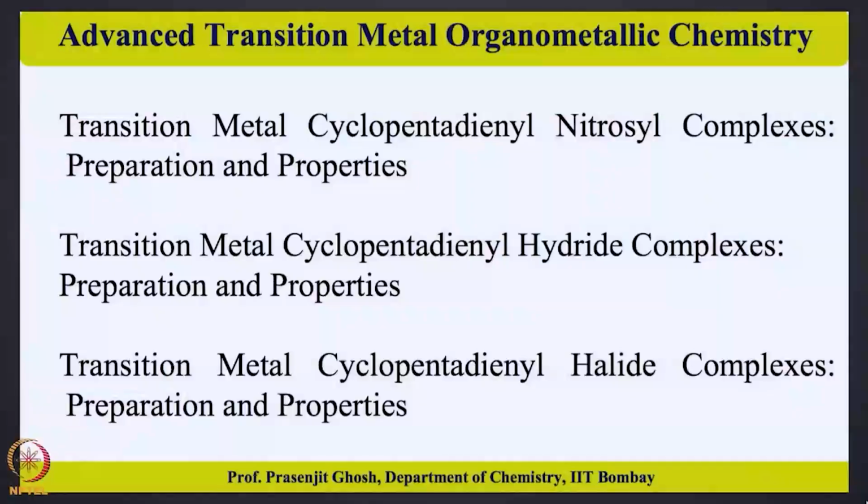Moving on, looking into other variations of these half sandwich complexes, we have looked into transition metal nitrosyl complexes. These nitrosyl complexes are important because NO as a ligand has aroused considerable interest, and it can bind in several ways.